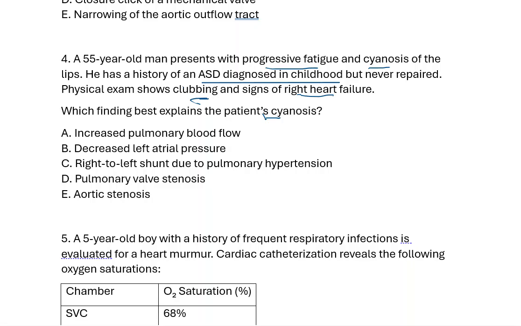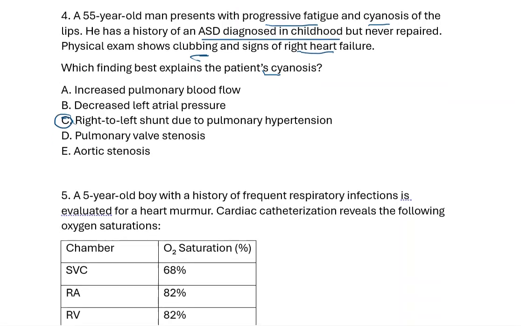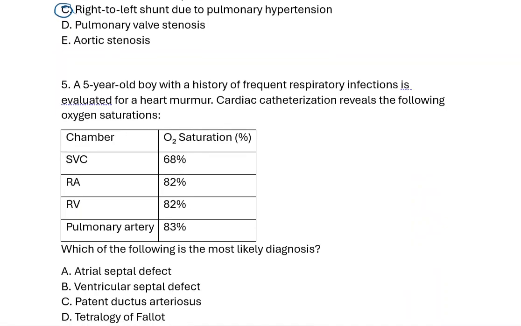And remember, I said that late cyanosis is due to what? Pulmonary vascular remodeling, thereby leading to pulmonary hypertension, increasing the pressure on the right side, and thereby the left to right shunt now becoming what? Right to left shunt. So I think the best answer there would be C. So right to left shunt due to pulmonary hypertension, and that's what we call Eisenmenger syndrome.